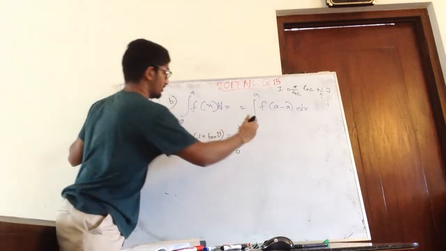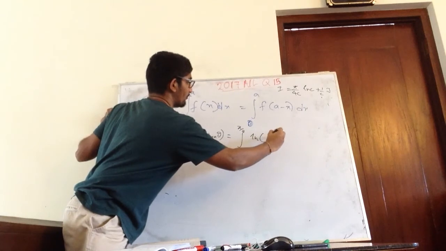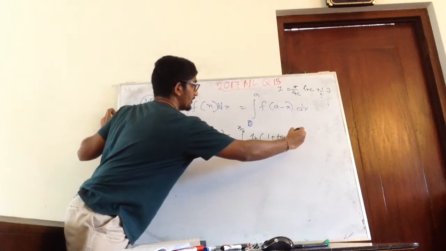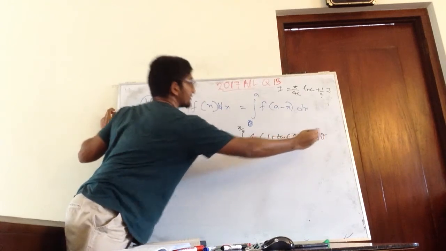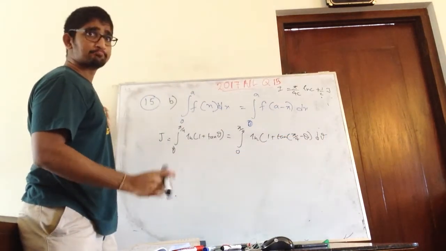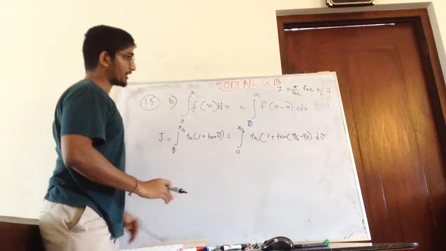Correct, no? So you get ln 1 plus tan phi over 4 minus theta. Correct, no? Right? So here what do you get?